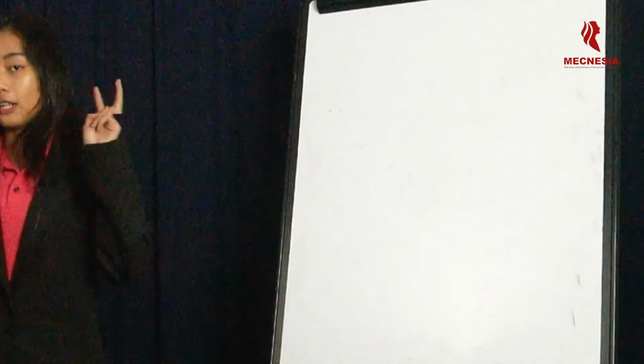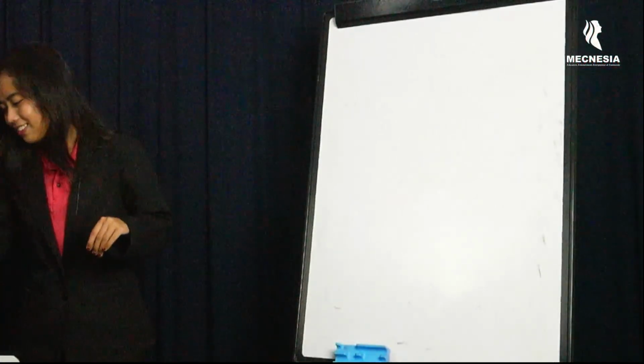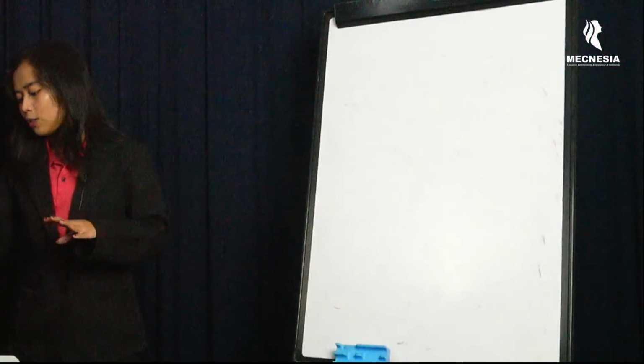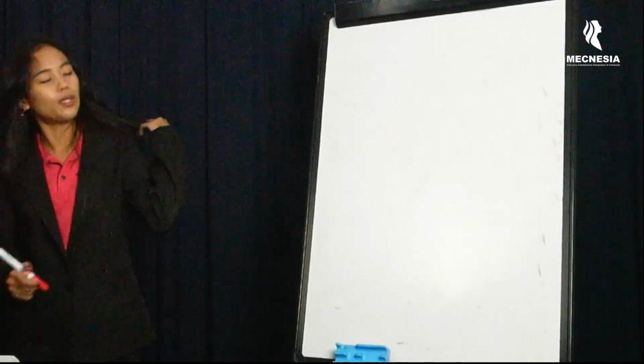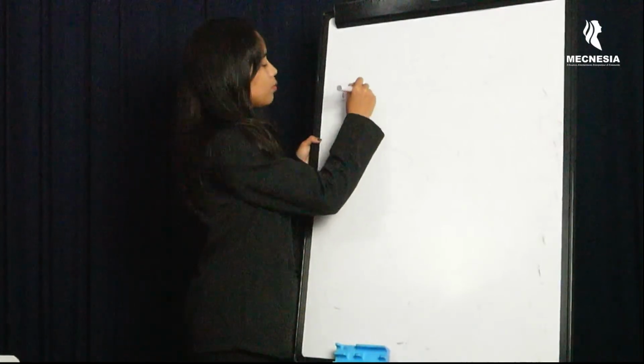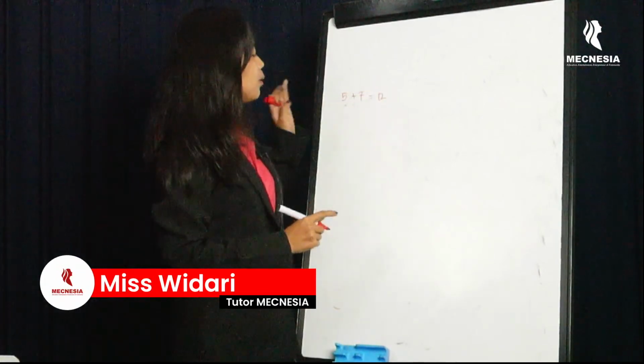Okay, there are two ways to pronounce tambah-tambahan atau kurang-kurangan. There are formal and informal ways. So, let's start with tambah-tambahan. So, 5 tambah 7 sama dengan 12.